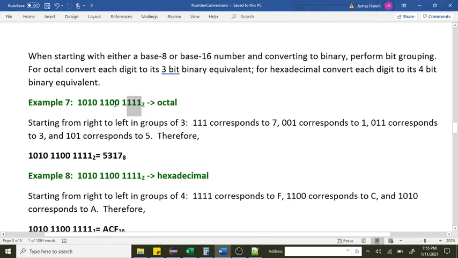So here 111 corresponds to 7. Then we go to the next group of 3, which is this group. I did this rightmost group of 3: 111 corresponds to 7. What's 001 correspond to? Well, that corresponds to 1.